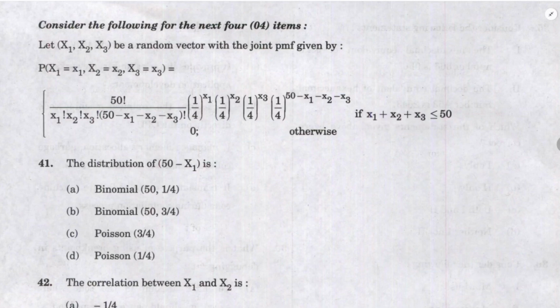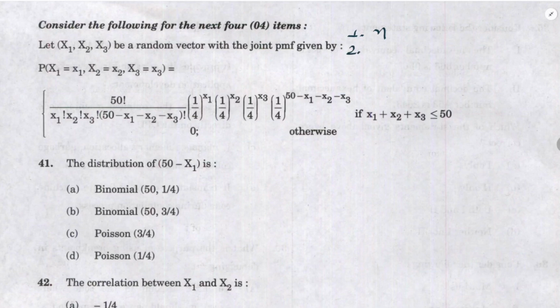So this is a PMF of multinomial distribution. Let us talk a little bit about multinomial distribution. Multinomial distribution is an extended case of binomial distribution. In binomial distribution, we have 4 conditions. Condition 1 is that the number of trials should be fixed.